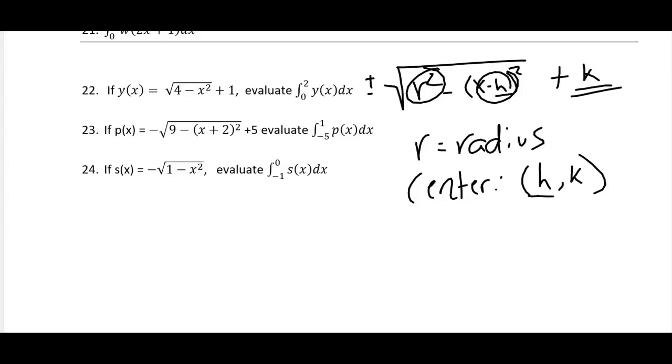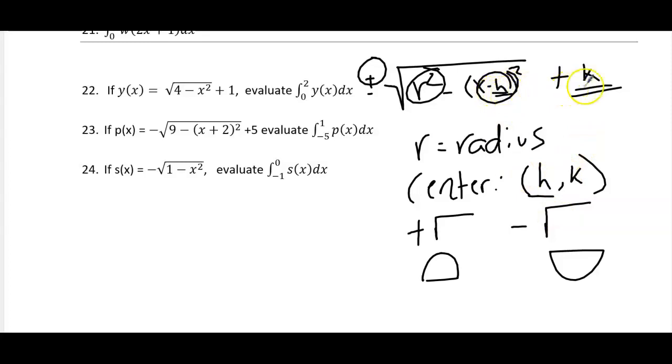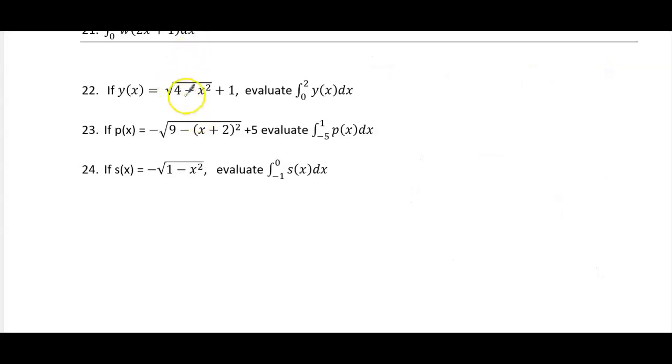The other thing we got to remember is that if you have a positive square root, then that means you're looking at the top half of the circle. And if you've got a negative square root, that means you're looking at the bottom half of the circle. Anytime you're missing either the h or the k, they are zeros. So keep that in mind as well. So let's go ahead and begin here.